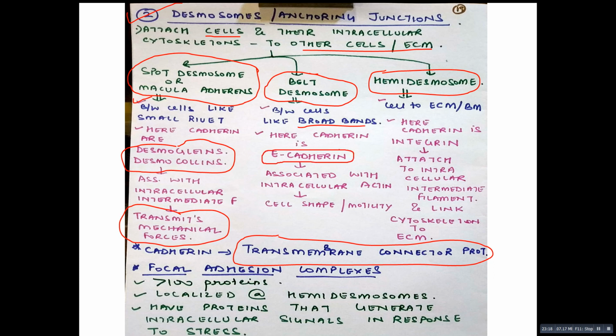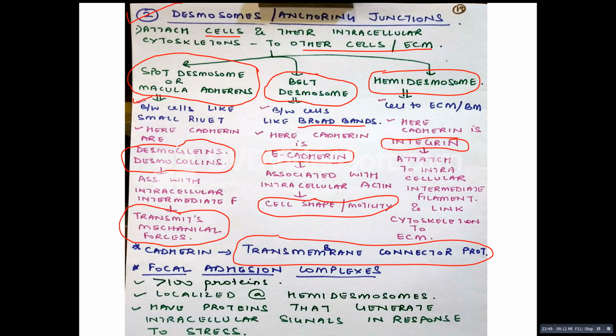What is the basic importance of the hemidesmosome? It attaches one cell to the extracellular matrix or the basement membrane, and here the cadherin is the integrin. It attaches to the intracellular intermediate filaments and links the cytoskeleton to the extracellular matrix. Let us go back to the diagram and appreciate the desmosomes. As we can see, the desmosome over here forms an attachment between the two cells.